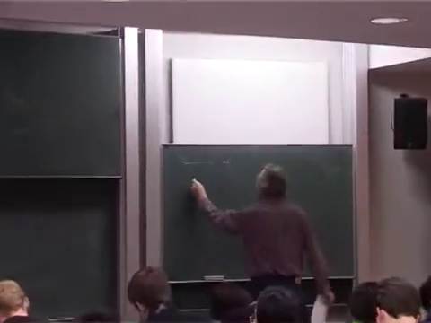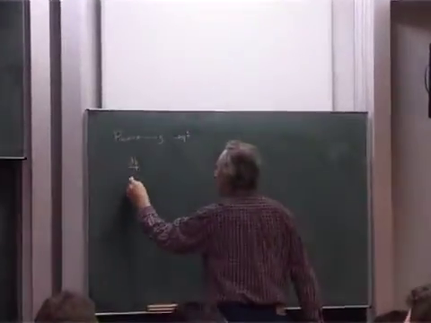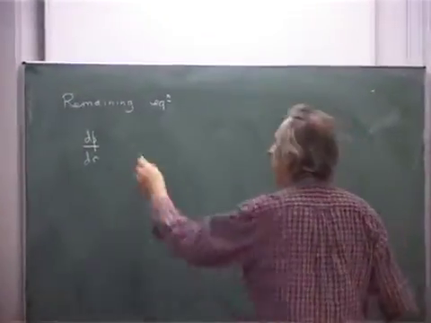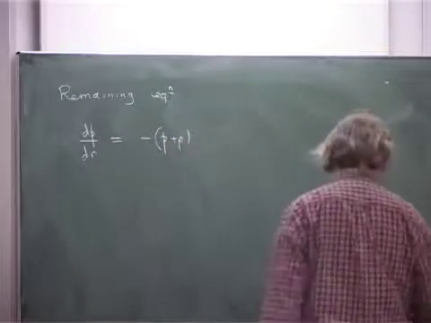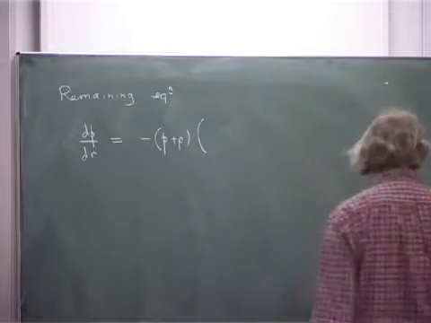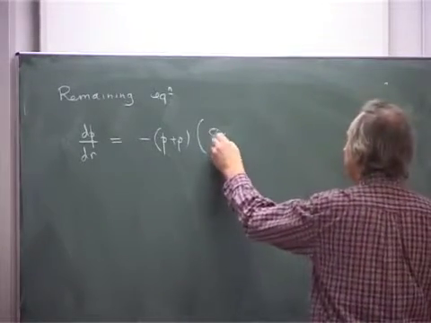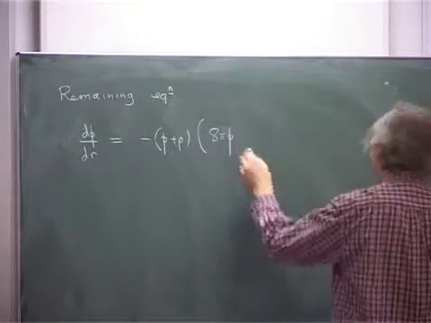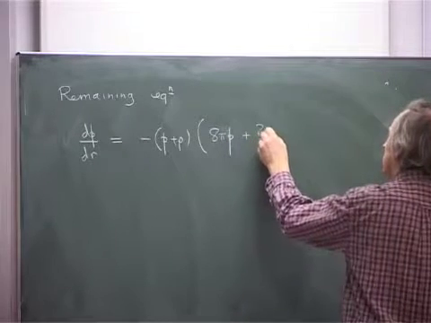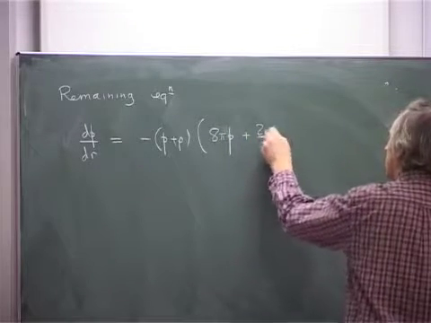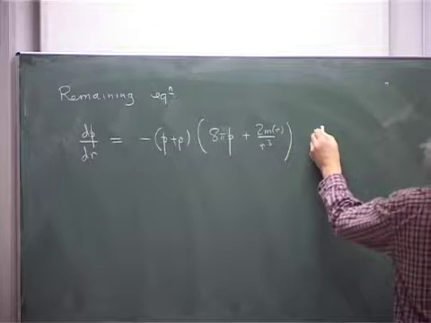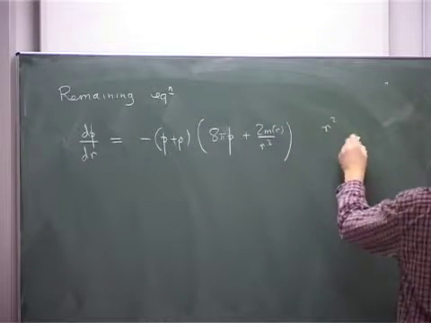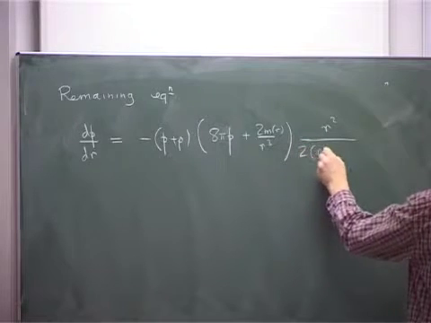this: dp dr equals minus into p plus rho, then an 8 pi p plus 2m over r cubed, this is m of r, remember, divided by r squared over 2 into r minus 2m.